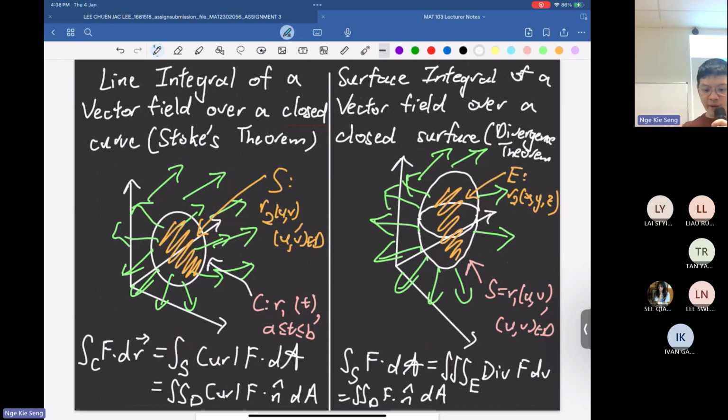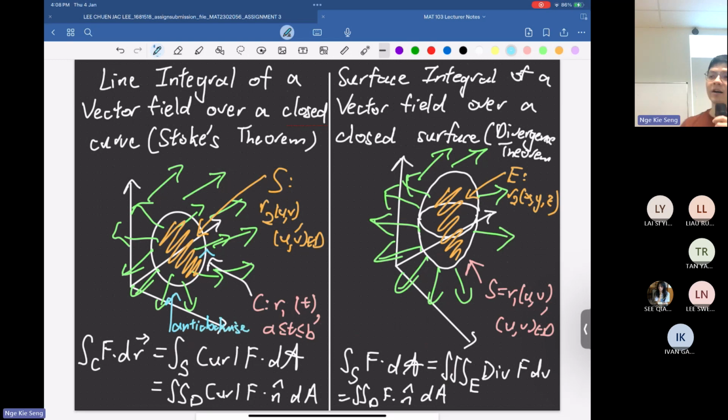Remember that in Stokes' theorem, or Green's theorem, what do we say? The closed curve must be a simple closed curve, positively oriented. Positively oriented means you need to go in the anti-clockwise direction.